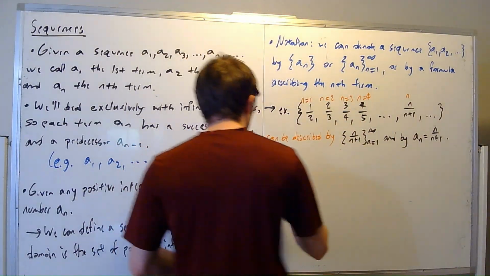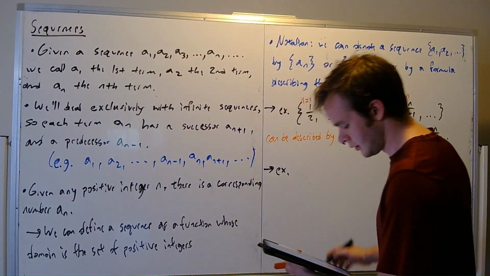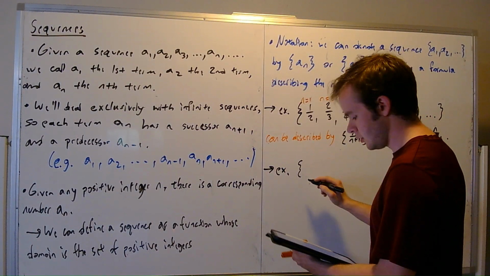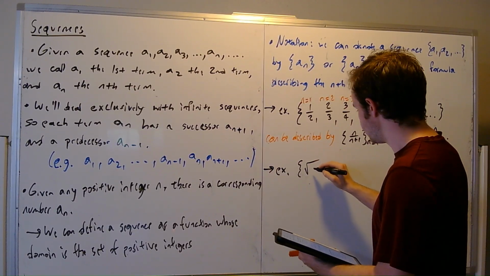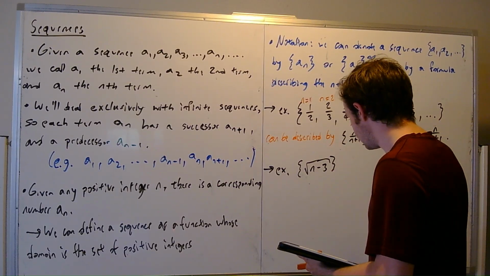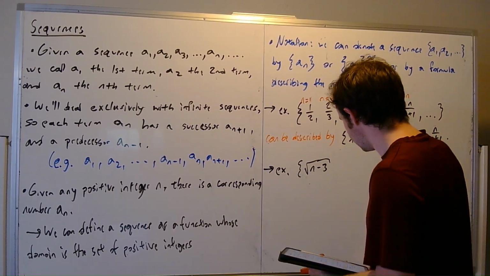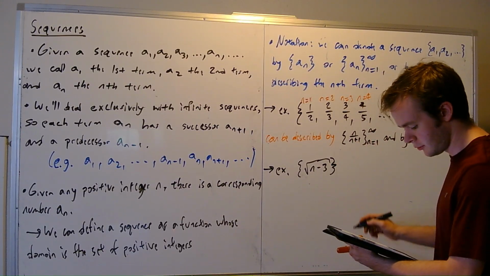Okay, let's do one more example here. This would be the square root of n minus 3. The sequence, sorry, I'm struggling to draw these brackets today.